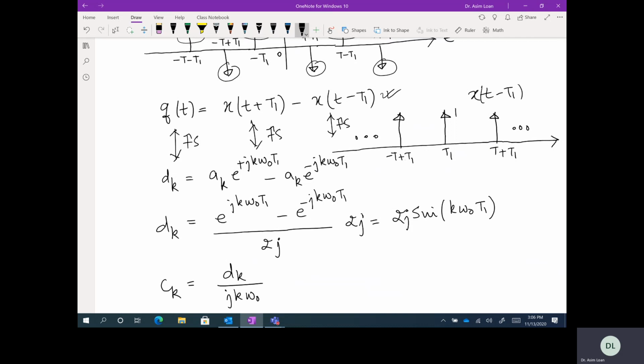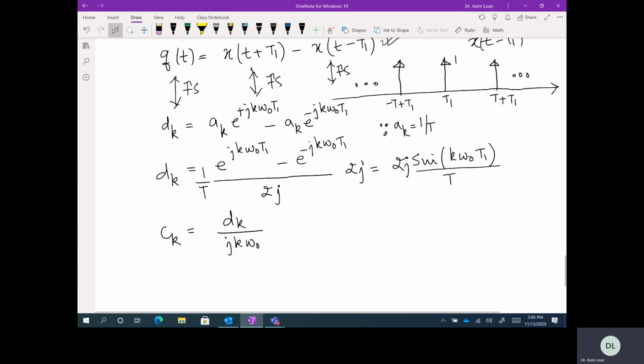So ak is 1 over t, so there should be a t here too. So there is a t here, and then there is a t here too. Okay, good. So what is ck? Ck is simply 2j divided by j, so this cancels, sine of k omega naught t1 divided by k omega naught t.